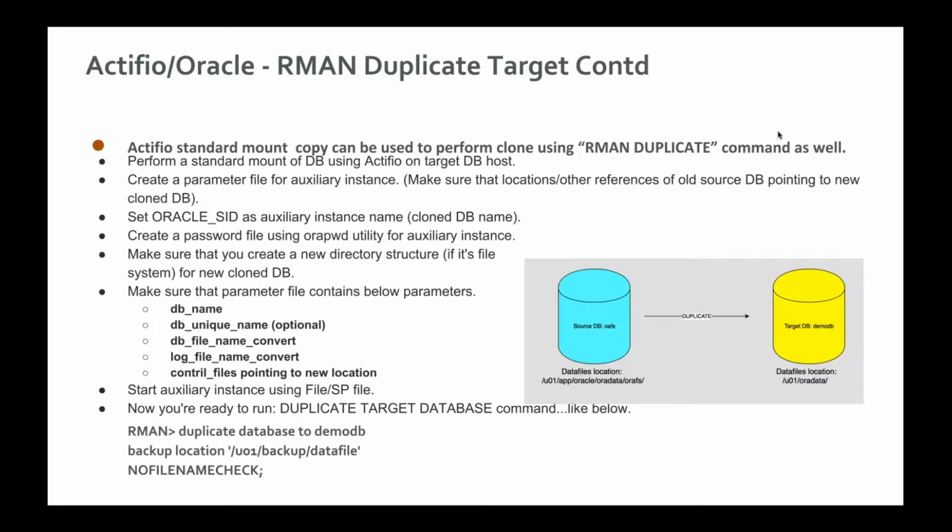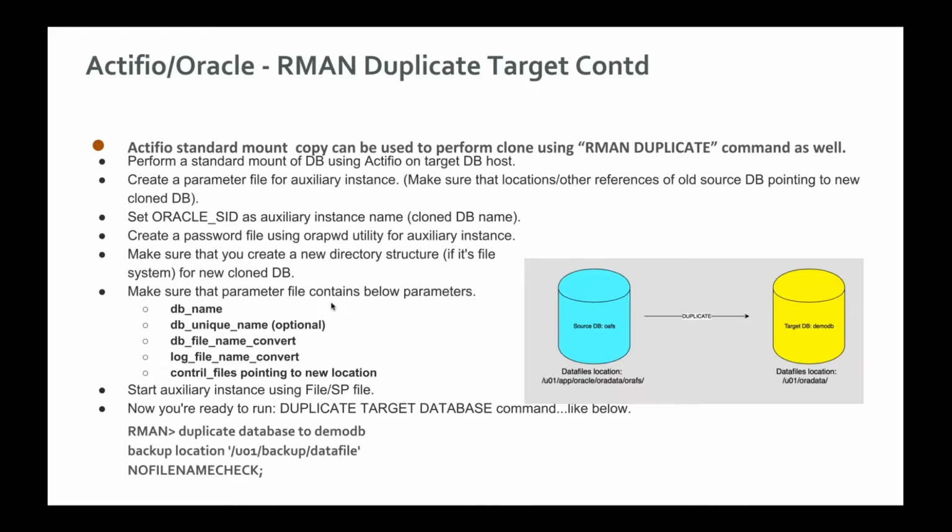But here is the scenario. You have an ActiveView standard mount copy, and using that backup copy you want to create a database on your storage. You can still use it as a backup copy on your disk and perform RMAN duplicate target database cloning.